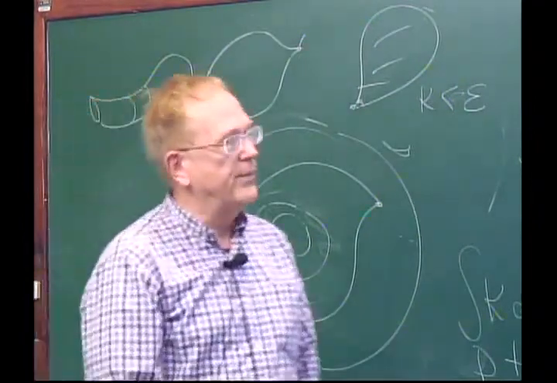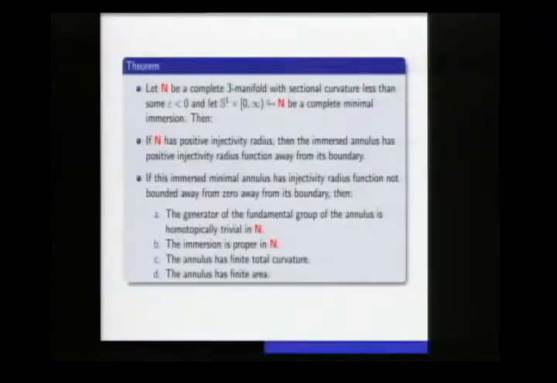So for example, suppose we knew this. Maybe I should have definitely thought about this a little bit more. I just finished typing it. So why, if N has positive injectivity radius, the second statement, does the immersed annulus have positive injectivity radius function away from its boundary?